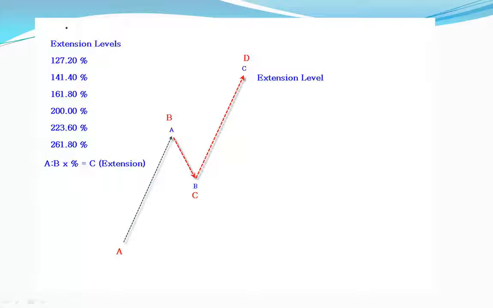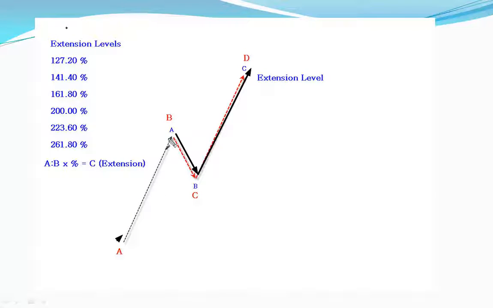Now, what's an extension? Let me draw this out for you. An extension is basically you take B to C right here, and you're extending it up. So meaning from this point right here, A to B, that's your impulse, okay, that's your up.